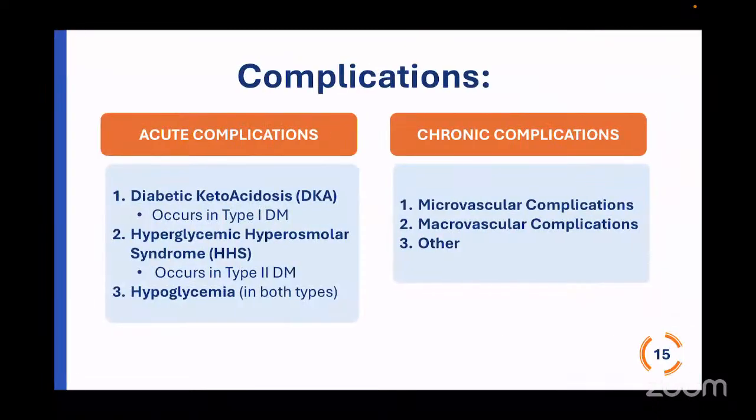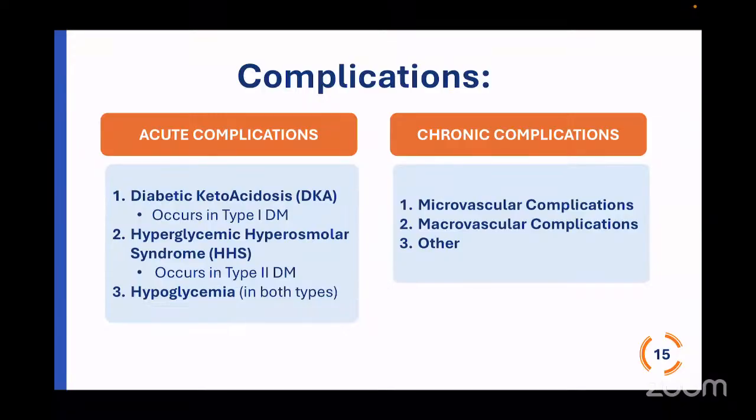So complications of diabetes, we have acute complications, and we also have chronic complications. Acute complications include DKA, which occurs in type 1 diabetes. It can also occur in type 2, but is very rare. The second acute complication is HHS, which is hyperglycemic hyperosmolar syndrome. This one occurs in type 2 diabetes.